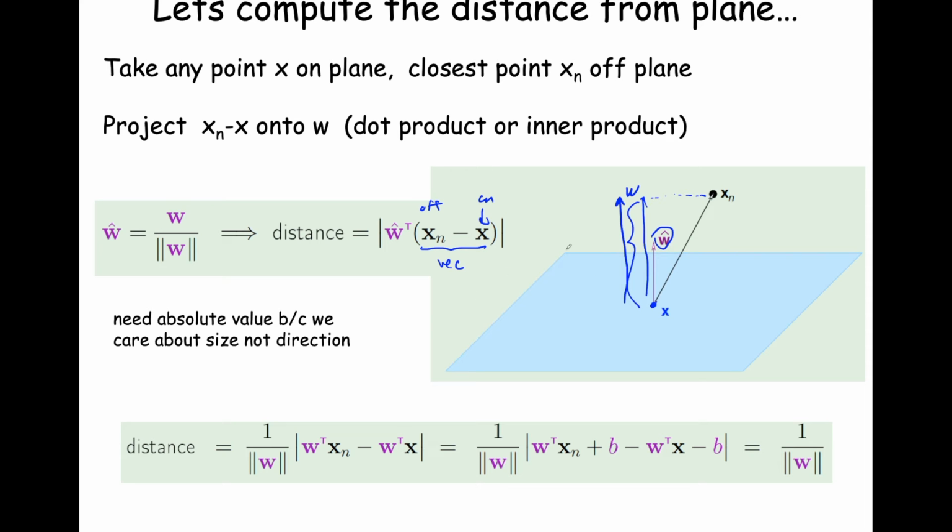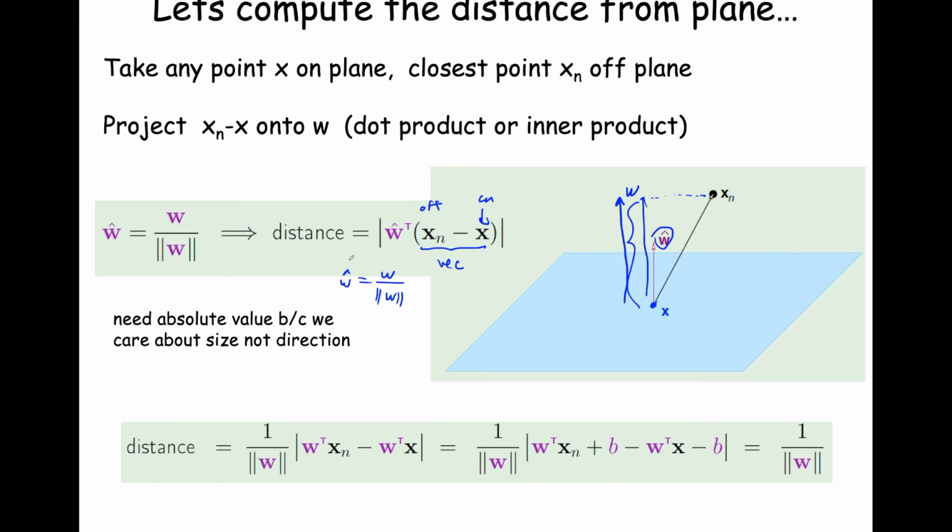All right. So what actually is this unit vector in the direction of w? Well, we know that the weight vector w is perpendicular to the plane, and if we want the direction, we just divide w by its magnitude. And so w hat is equal to w divided by the magnitude of w. That's how you get a unit vector in the direction of w.